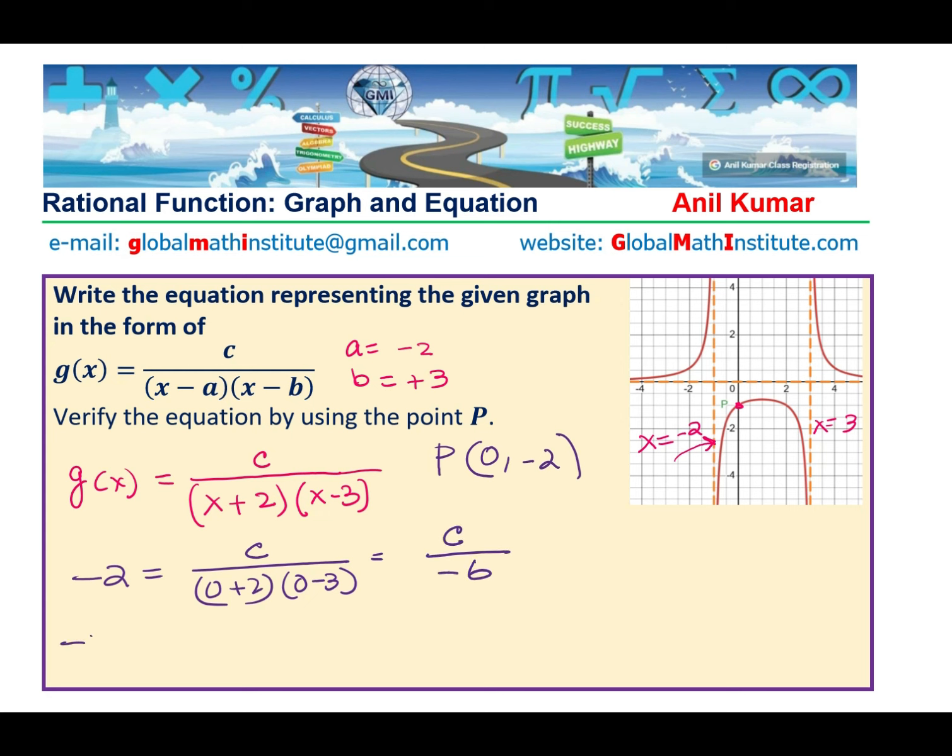Therefore, we get minus 2 times minus 6 as the value of c, which is 12 for us. Correct? We got our answer. So simple, right? We can write g of x equals 12 over x plus 2 times x minus 3. Nothing can be simpler than this. So that is how we find the equation.